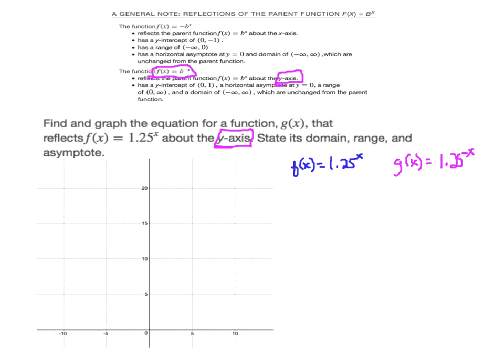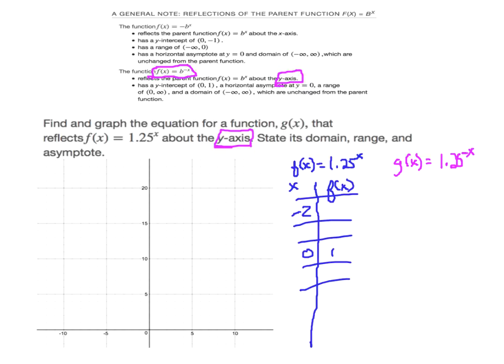Let's go ahead and do our parent first. So -2.